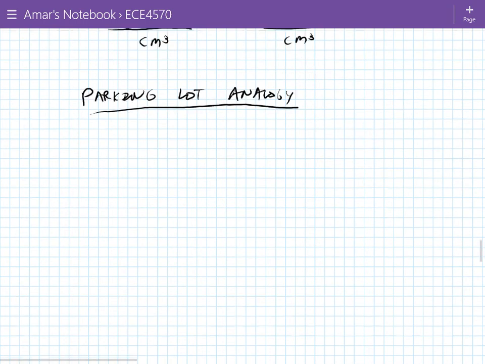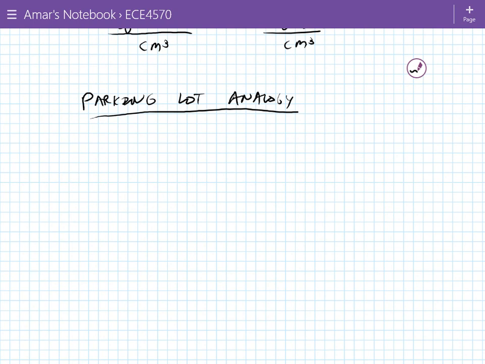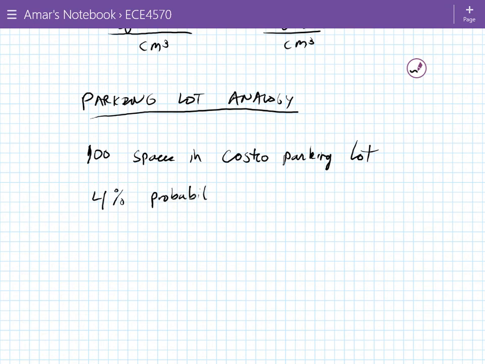Let's say you have 100 spaces in a Costco parking lot, and we say there is a 4% probability that a spot is full. What is the expected number of cars in the lot?